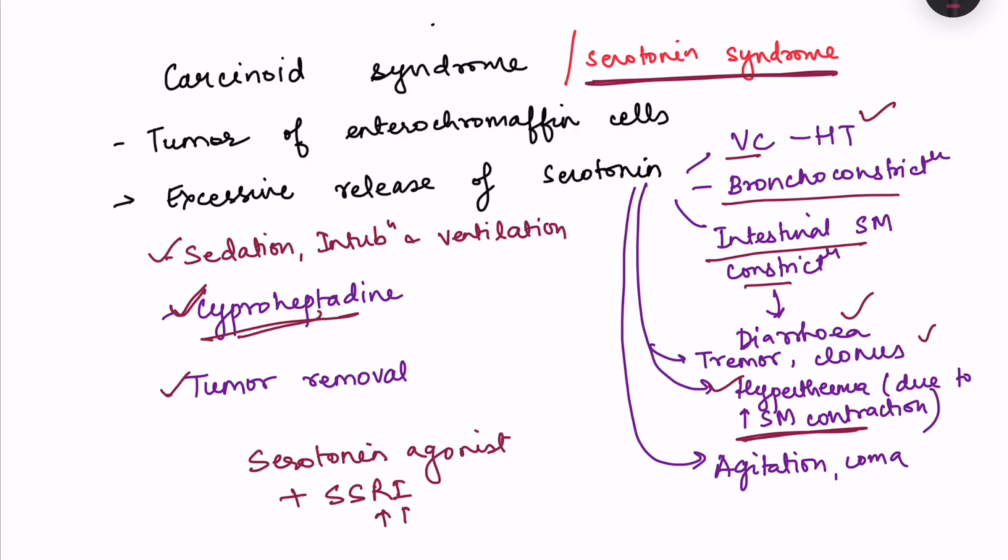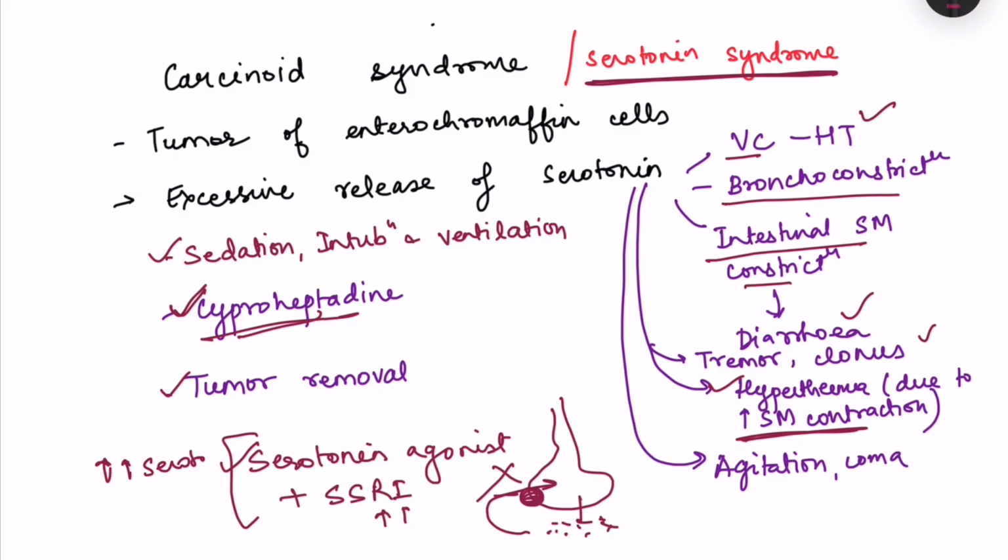They will block that SERT, the transporter that we studied. If this is blocked, then serotonin which is released will not be taken back, and there will be too much serotonin which will act on its receptor. And we are already giving serotonin agonists. So that means there will be too much serotonin, right?